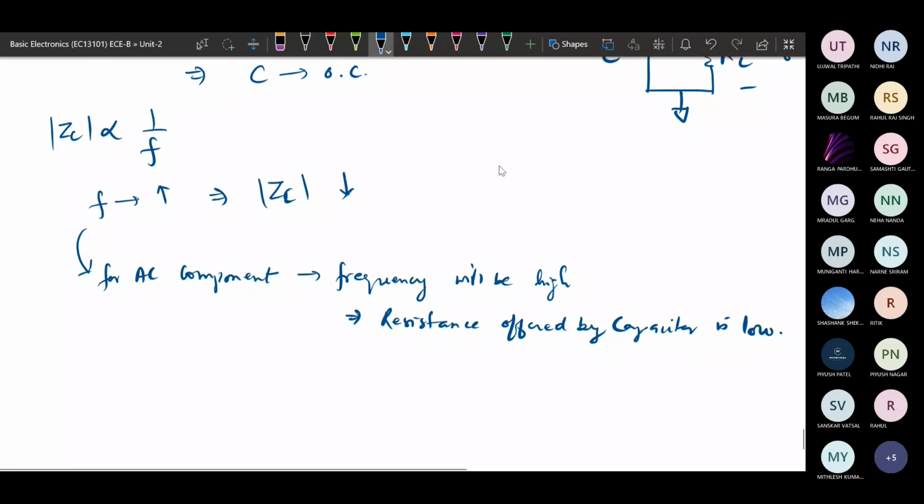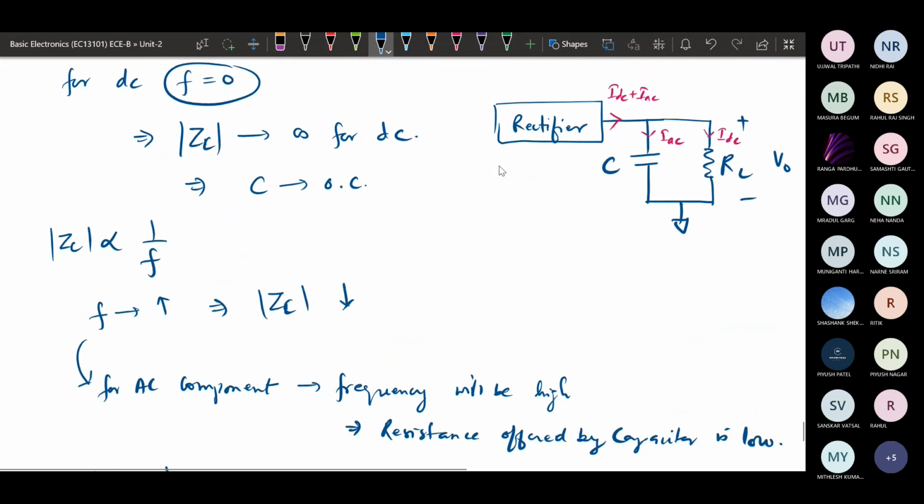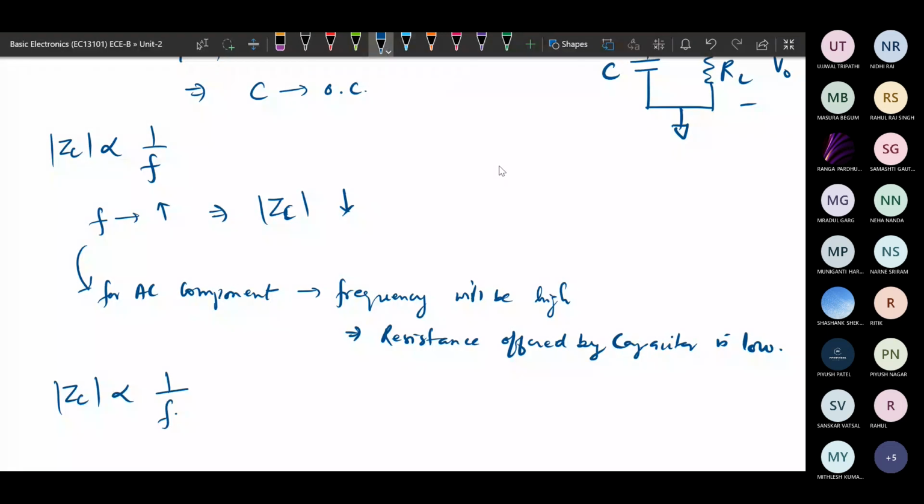This is the capacitor, and its impedance is inversely proportional to frequency as well as capacitance. If capacitance is high or the frequency is high, then the resistance offered by it will be minimum, so the AC component will pass through it.